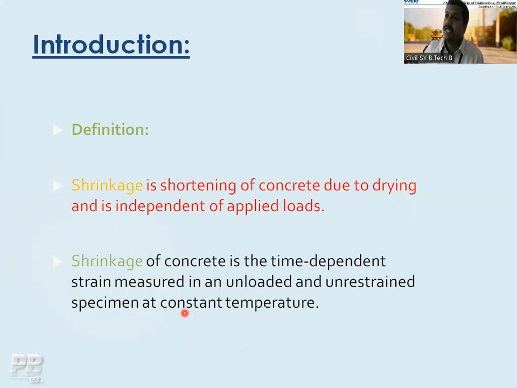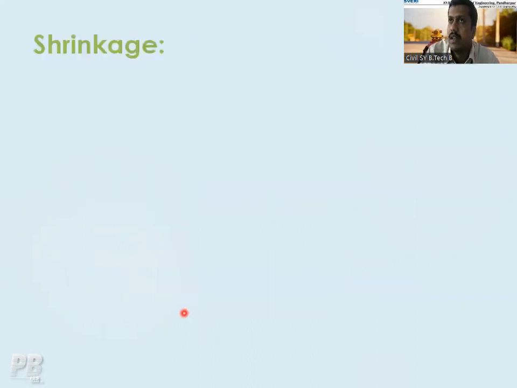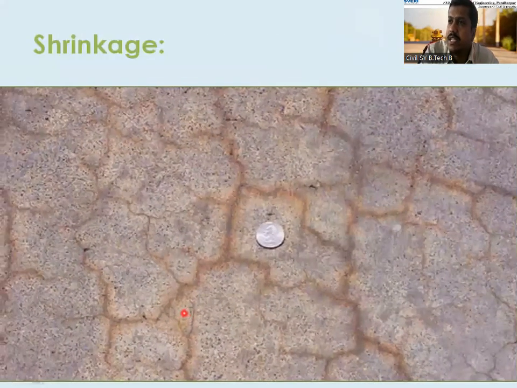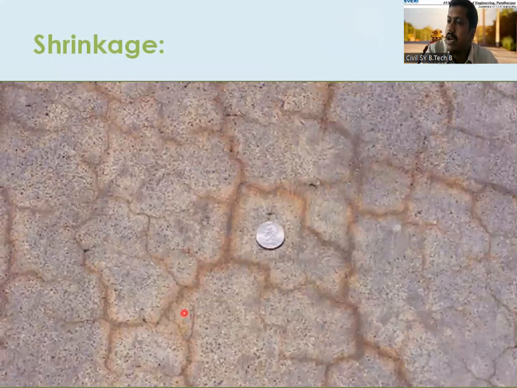Whichever type of load is acting, we are not going to consider it. Our main focus is on the change in the volume of the concrete body, which is independent of the applied load.